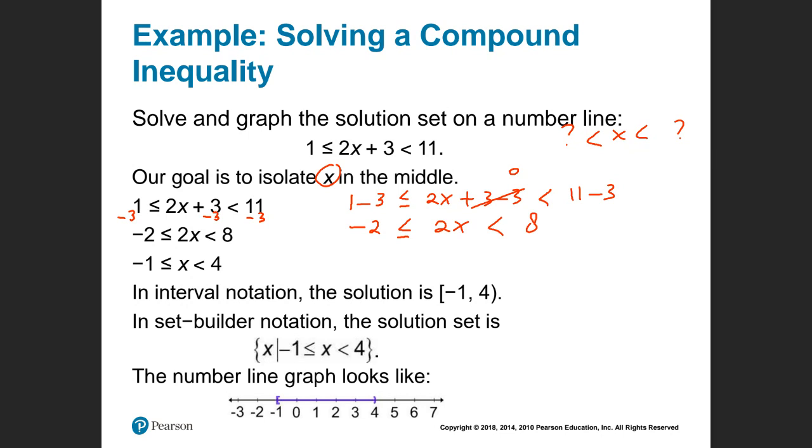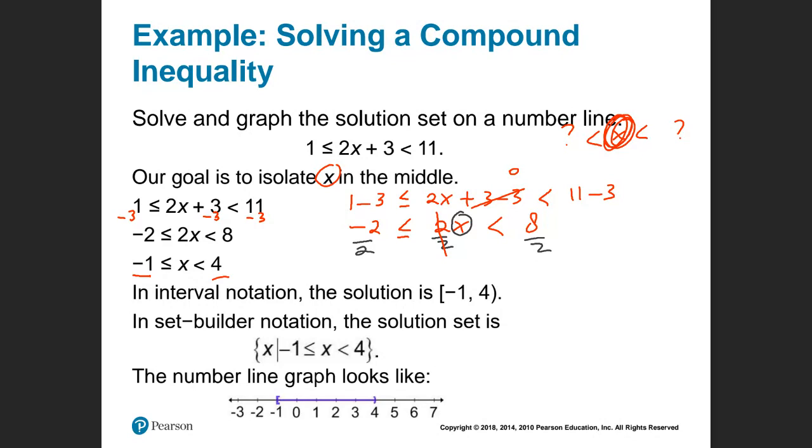Remember, I need x in the middle, so I have to divide the whole thing by 2. Negative 2 divided by 2 is negative 1, 2x divided by 2 becomes x, and 8 divided by 2 is 4.